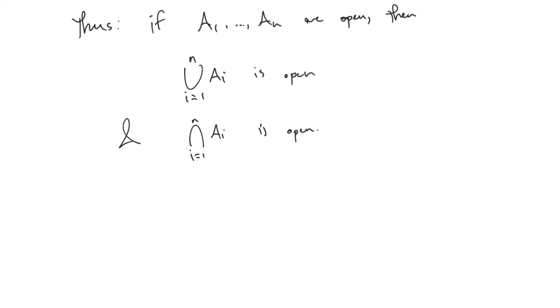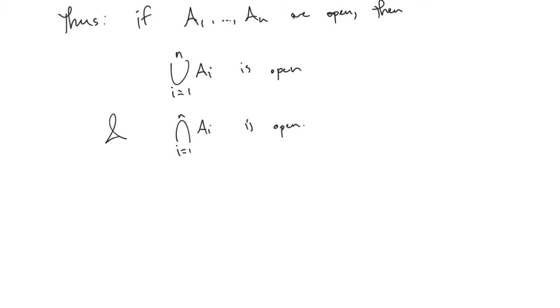In ordinary words, the slogan that people say for this is any finite union of open sets is open. By finite union, I mean a union of finitely many things. Could be 2 sets, 3 sets, right?